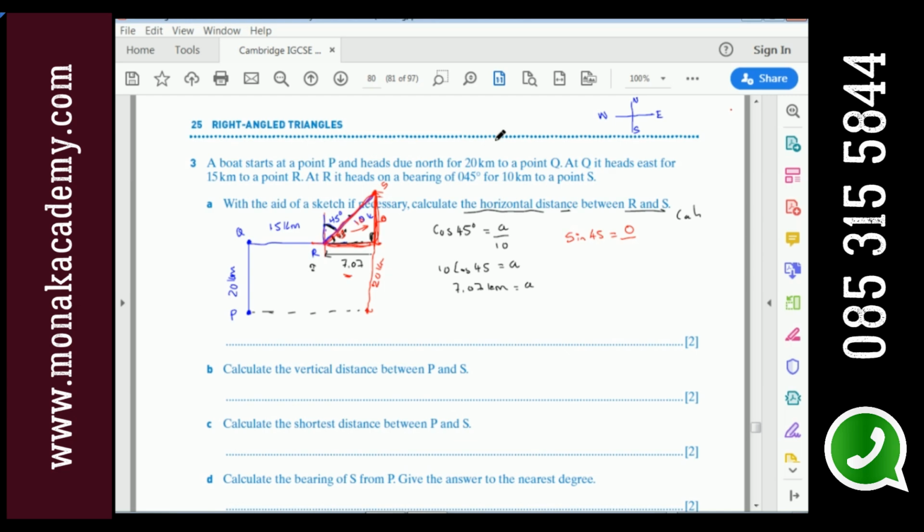The hypotenuse is 10. Because we want to know what is this part, and add it to the 20. Okay. So 10 sin 45 equals O.